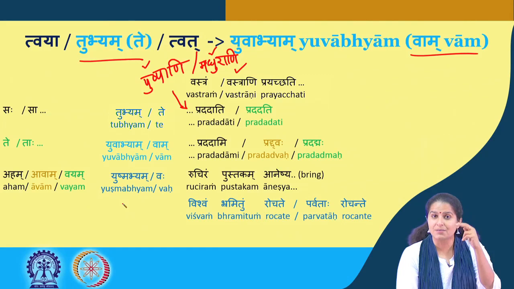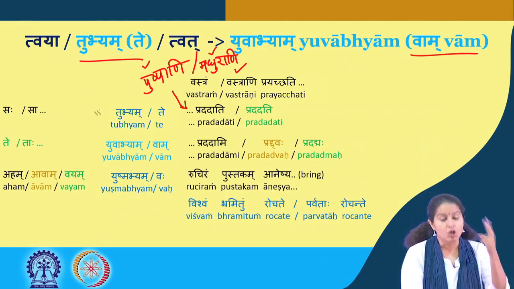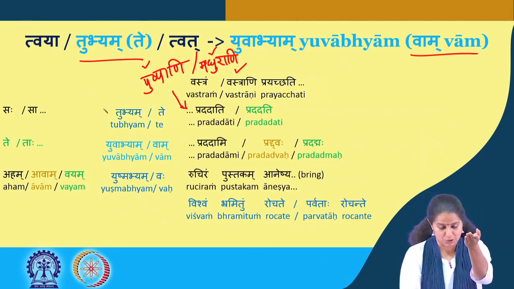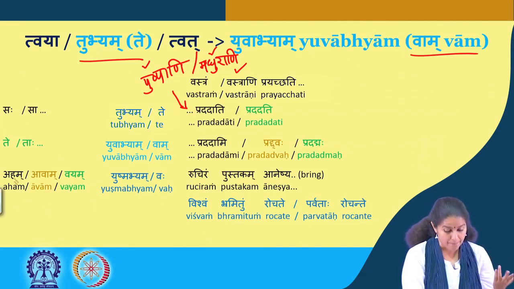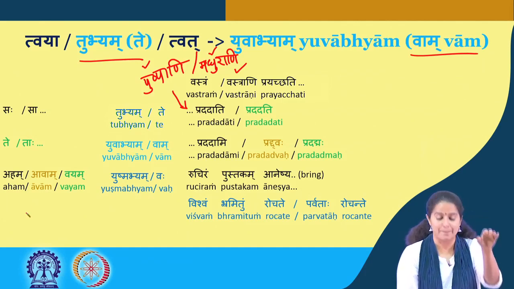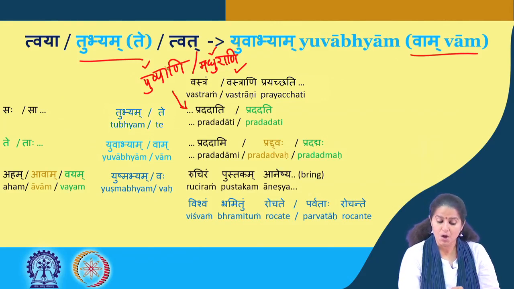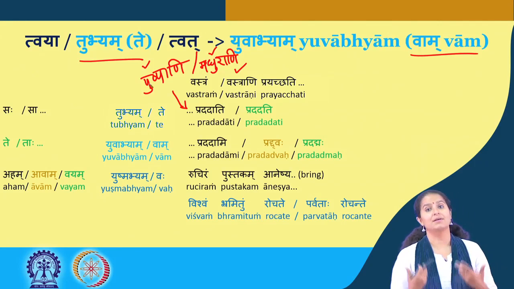But because we also have the dual case and the plural, you have to keep that in mind as you are formulating your sentence. So, aham tubhyam, sorry, one person, tubhyam pushpani pradadami, aham yuvabhyam pushpani pradadami, and aham yushmabhyam or vaha pushpani pradadami.